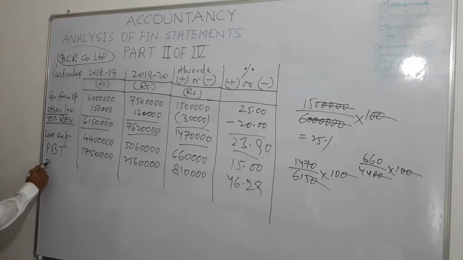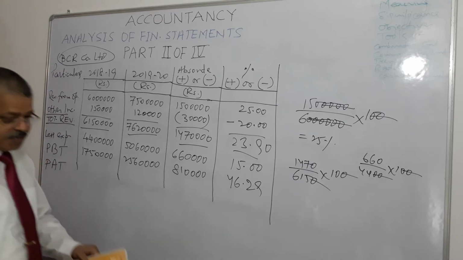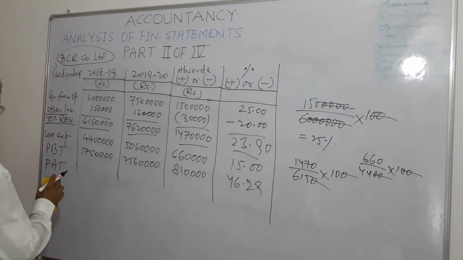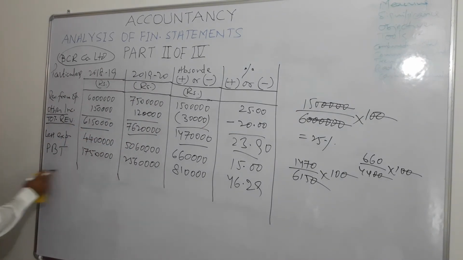And what do we get as profit after tax? PAT, net profit, profit after deducting taxes. So what are the taxes? 35% in the first year and 40% in the second year.